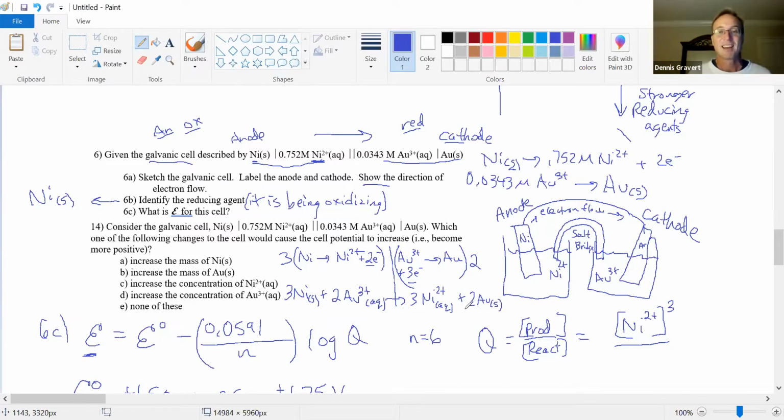We're done with the products. Reactants, there's a solid, leave it out. Put in the aqueous or the gases. There's an aqueous, so Au3 plus shows up with the exponent of 2. Cool. We need a number though. The nickel concentration is 0.752.